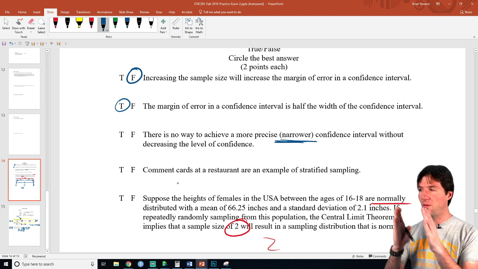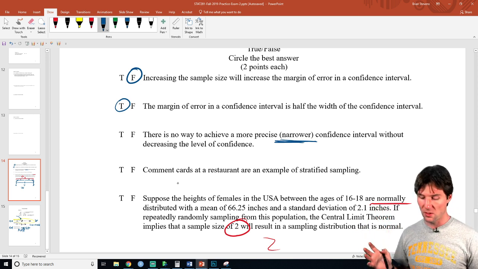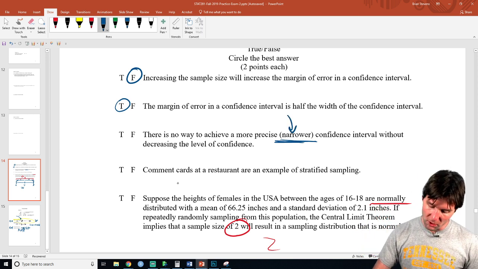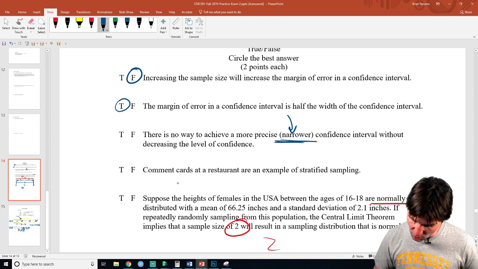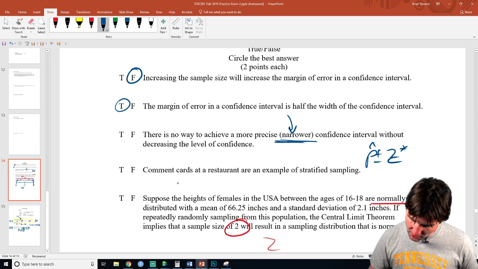If you increase the confidence, you make the interval wider and less precise. But it's saying narrower. So it's defining it as a more narrow confidence interval can only be found by decreasing the confidence level. The confidence level controls the z-score. When you look at p hat plus or minus z-score, the z-score in the confidence interval controls the confidence level.